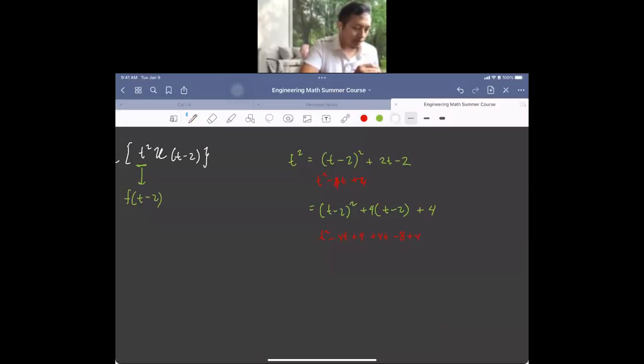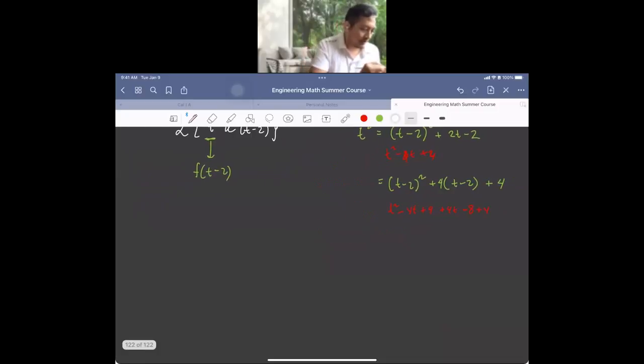So we can use this to take the Laplace, that we can rewrite the t squared with this function.